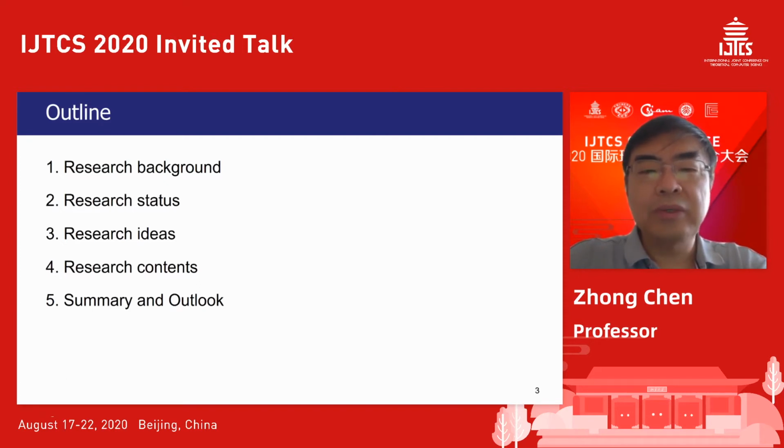So I would like to introduce some research background about smart contract security and the current status, and some main ideas, research content and achievements from our research group. Then we have some conclusion about that.